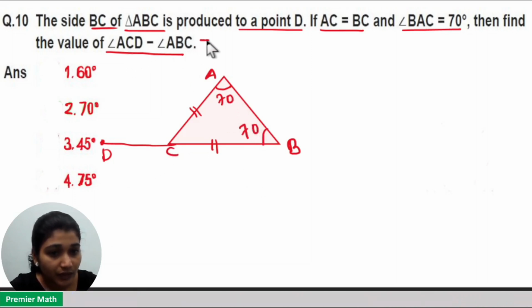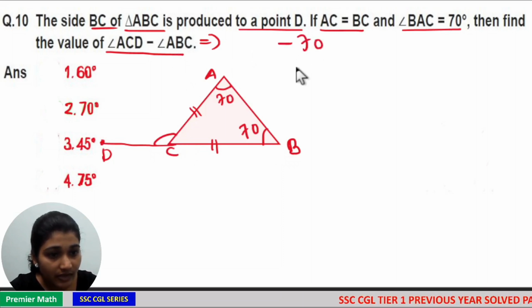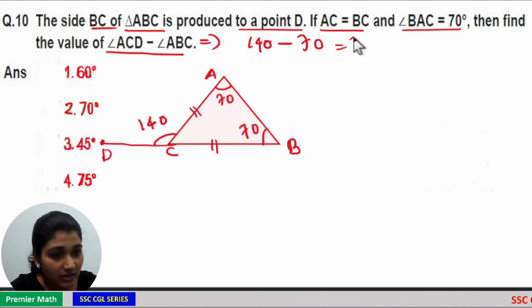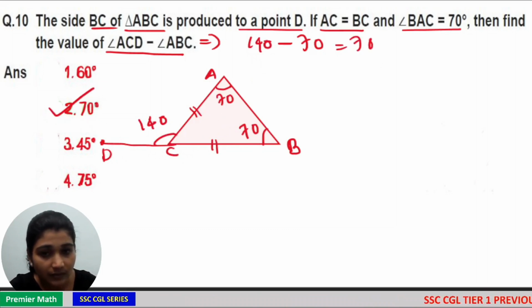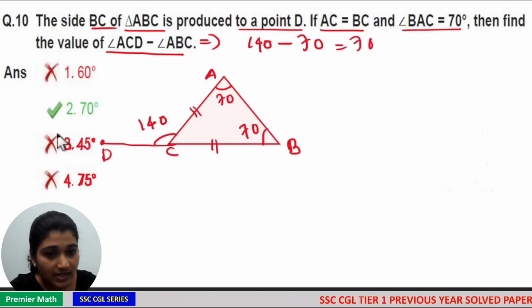Now we have to find angle ACD, this angle minus angle ABC. Here angle ABC is 70. And here if you look at this, ACD is external angle to this triangle. So this is equal to 70 plus 70, 140. So 140 minus 70 is equal to 70. Option 2 is your answer. Angle ACD is external angle.